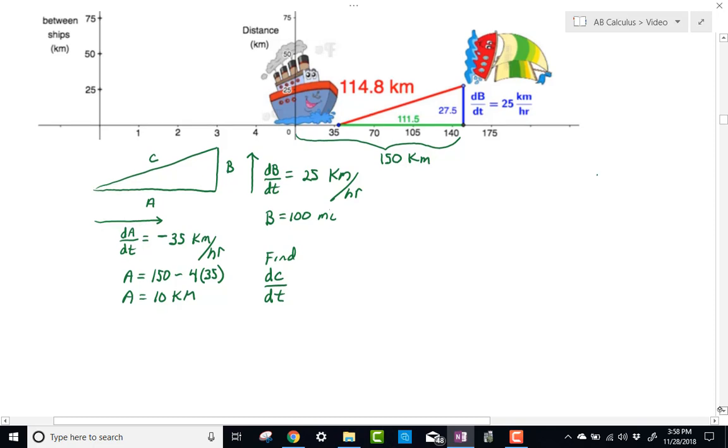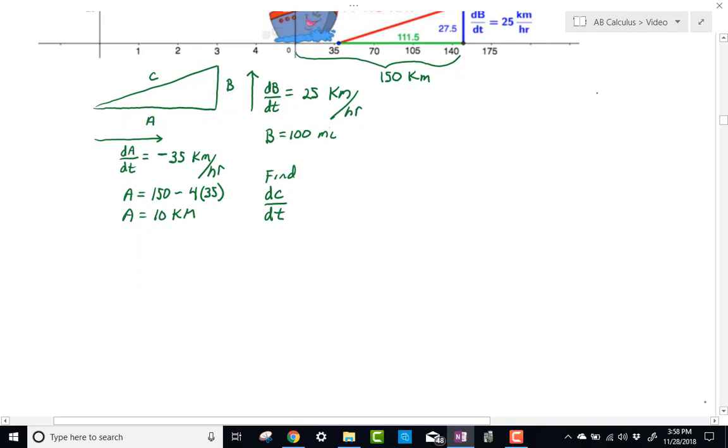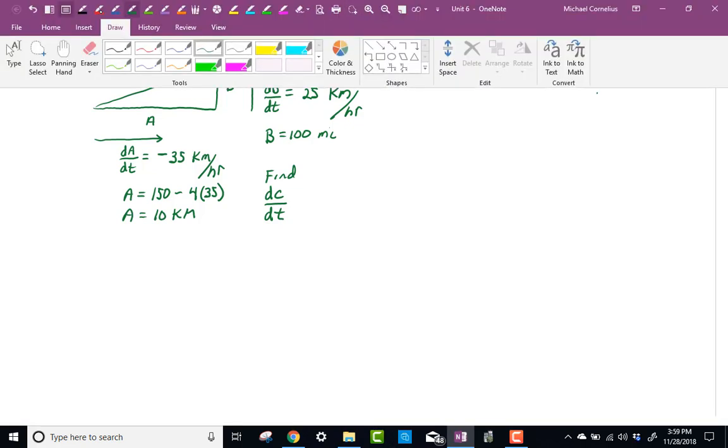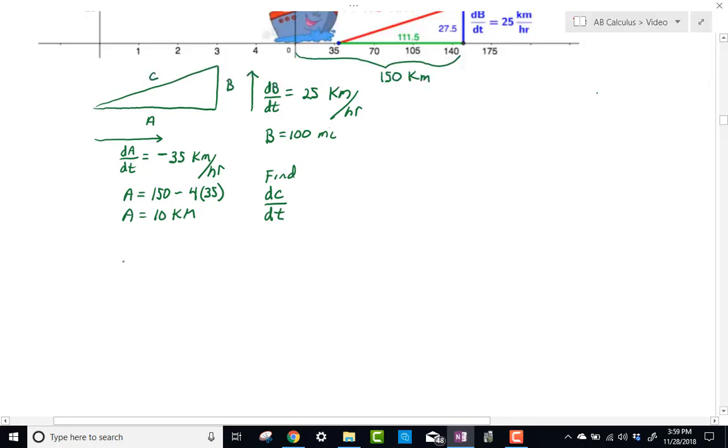We're going to start off with a little Pythagorean theorem. I'm going to keep working down to the right here, but I'll change colors. Pythagorean theorem: a squared plus b squared equals c squared. Now, this time a is changing, b is changing, and c is changing, so I cannot plug in anything for any of these.